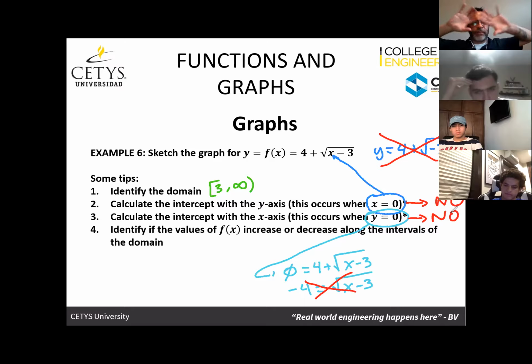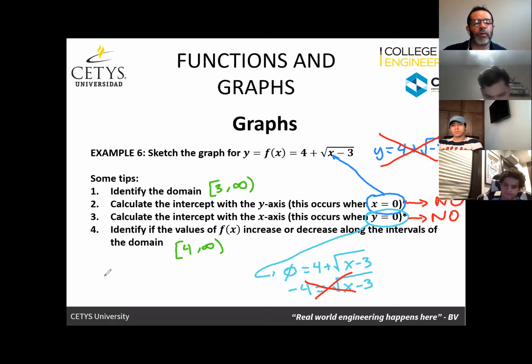So that means that the graph, however it is, is floating somewhere. It means it's not crossing the x-axis. Now, we had already identified the domain and the range. The range was going to be from 4 to infinite.